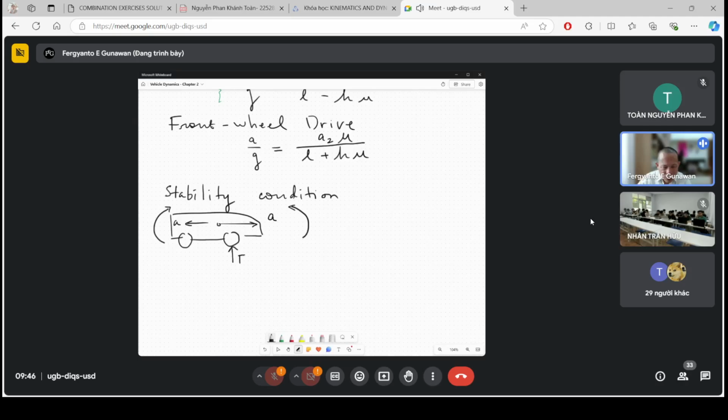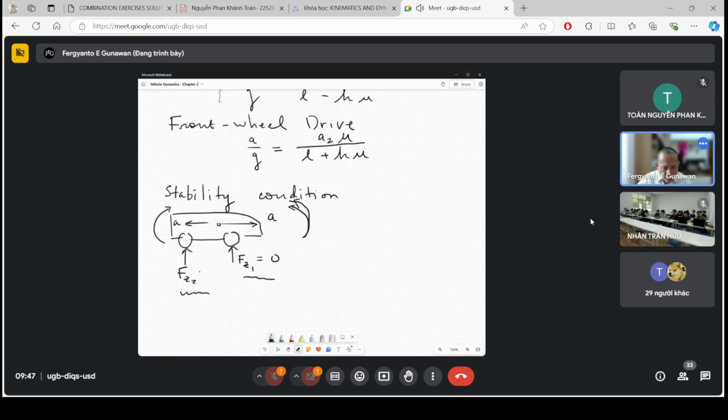For the stability condition, we cannot decelerate such that this becomes zero, and we cannot accelerate or decelerate such that this fz2 becomes zero. If this is zero, then the car will rotate in this direction because of the strong acceleration. And in the other case, if strong braking happens, the car may go this way. So this defines the stability conditions.